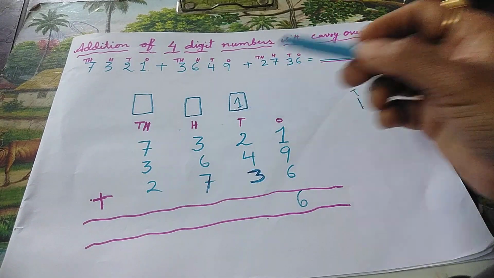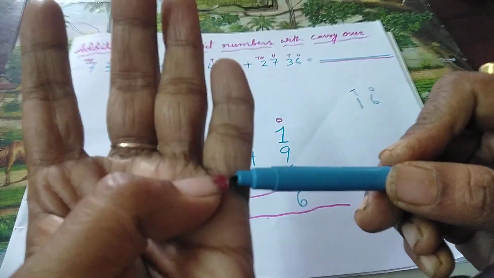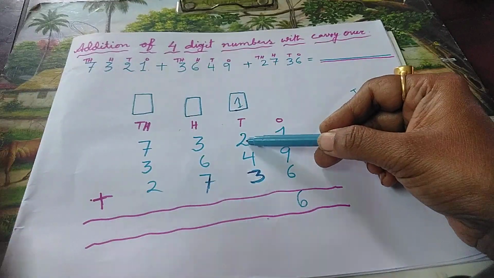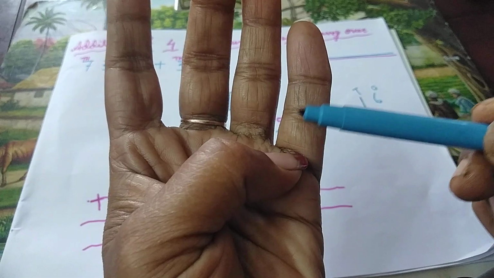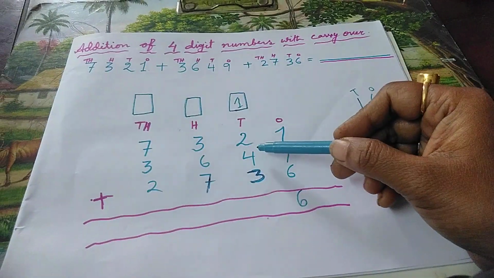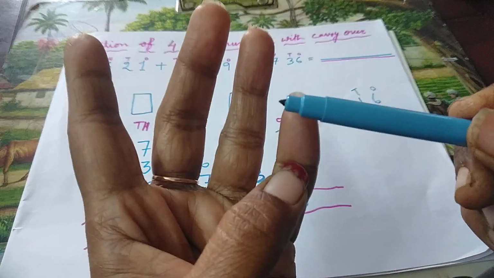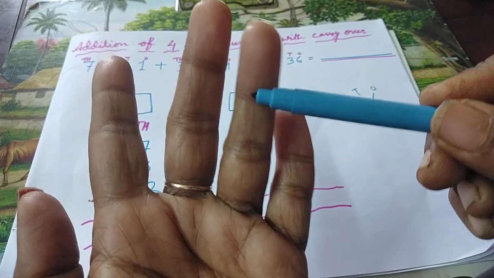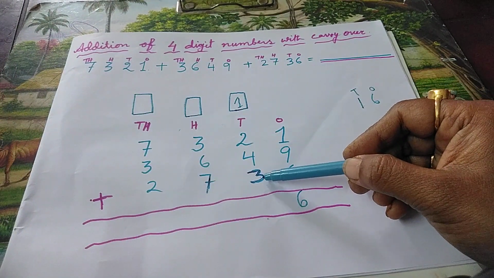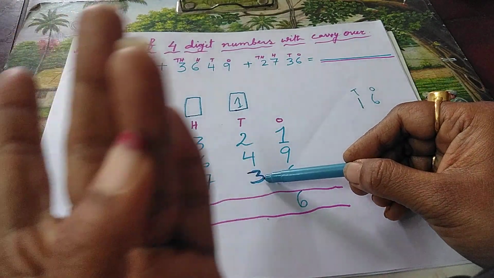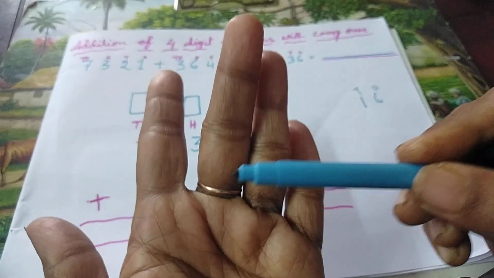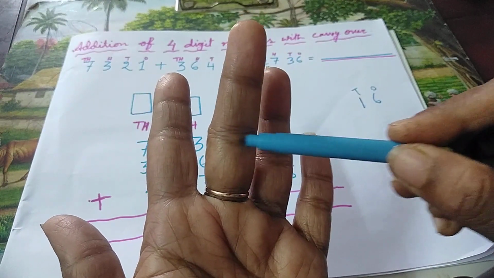The first is 1. Count 1. The second digit is 2. Count more 2 lines. 1, 2. Count 4 lines. Count more 4 lines from the next line. 1, 2, 3, 4. Okay. Count more 3 lines from the next line. 1, 2, 3.